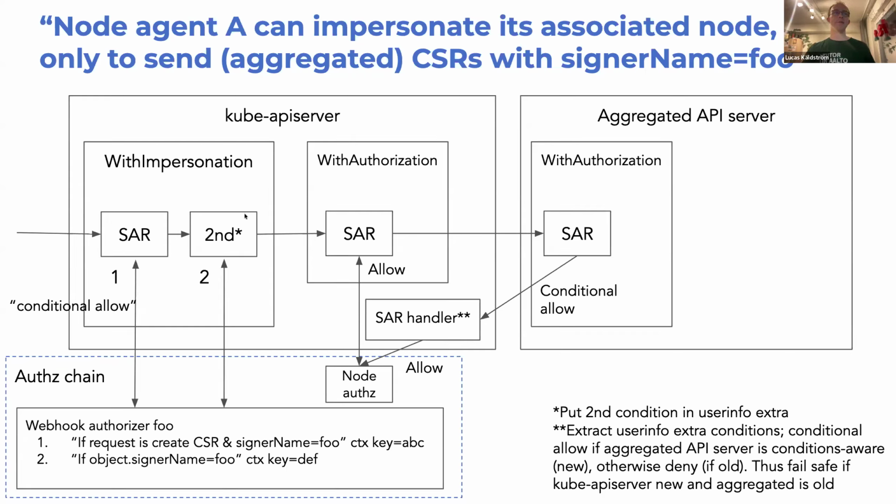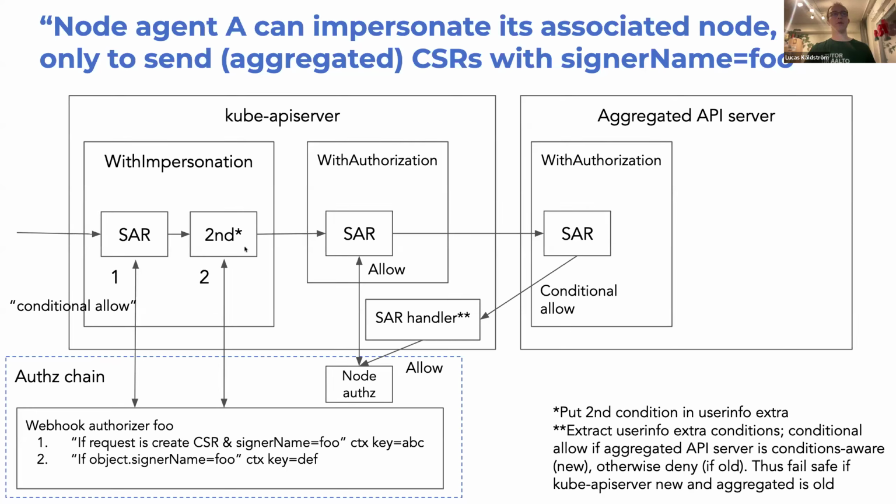So we can take this context key def that says conditional, pass it through user info extra here, and then when the API server front proxy handles the subject access review, it can add it back as a condition, even though it's allowed.